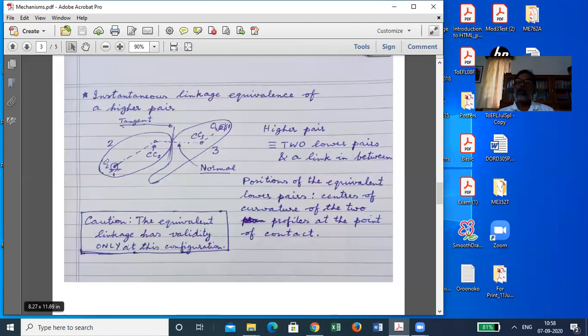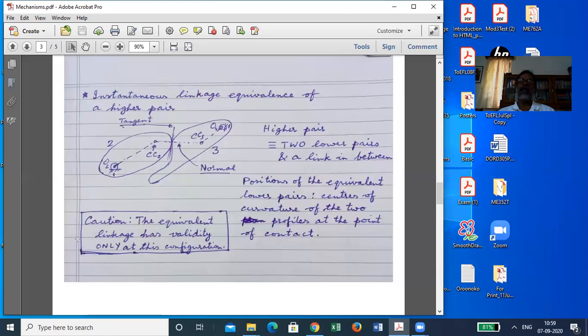And you should make note that this equivalence has validity only at this configuration. At another configuration, there will be another equivalent linkage which will be valid, another two lower pairs, another intermediate link, and so on.